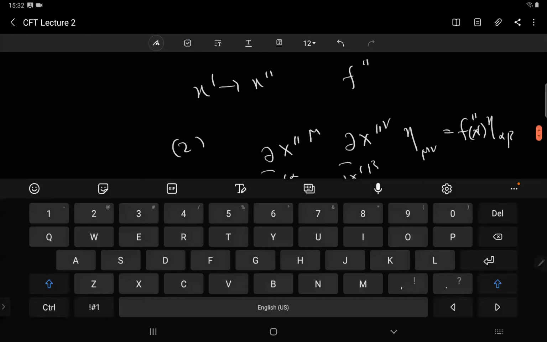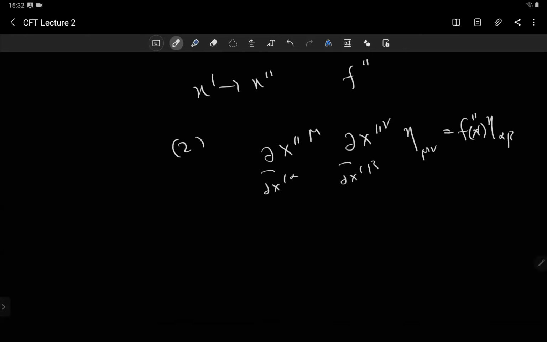But now you can use the chain rule. Let's multiply both sides by del x prime alpha del x lambda times del x prime beta del x gamma.